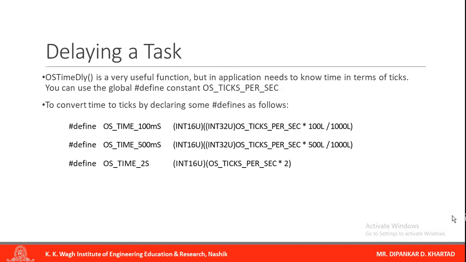So hash define OS time for 100 milliseconds: this is the formula for giving a 100 millisecond tick count. This will give you the number of ticks for 100 milliseconds. This is a macro definition: OS time 100 millisecond, OS time 500 millisecond, OS time 2 milliseconds.